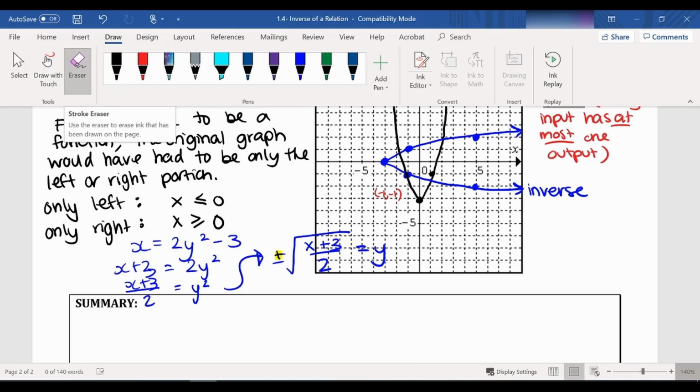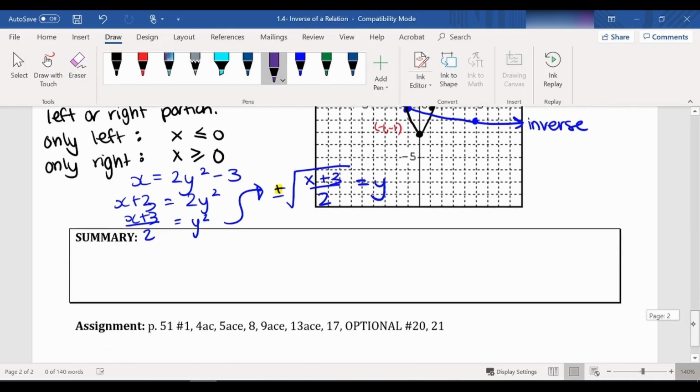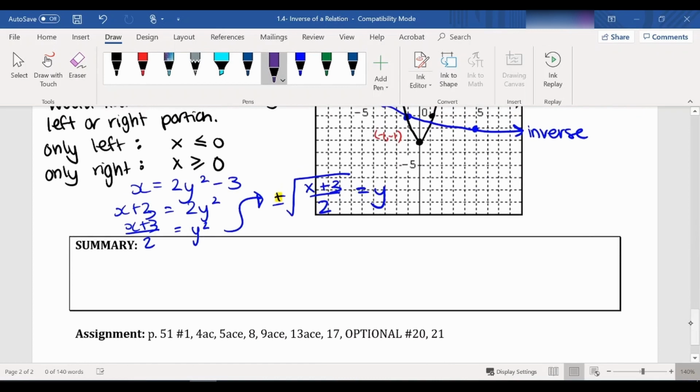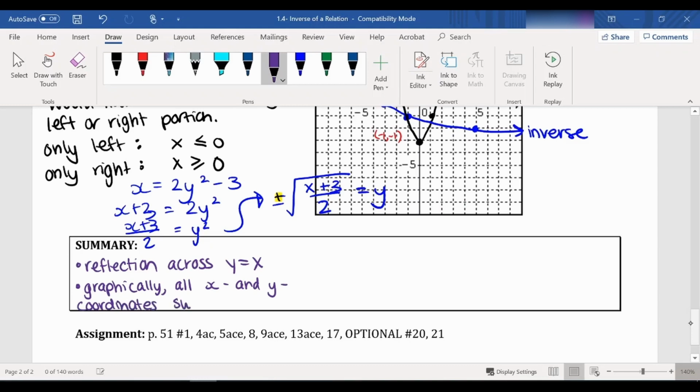Okay. So just a summary of all of this stuff that we have covered for inverses. Okay, so an inverse is a reflection across the line y equals x. Okay. For graphically, all x and y coordinates swap.